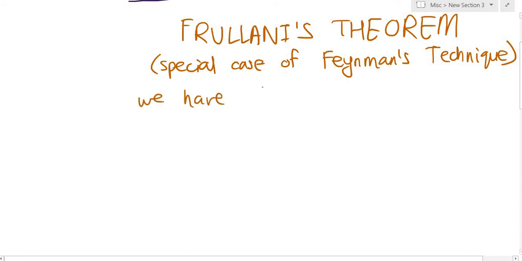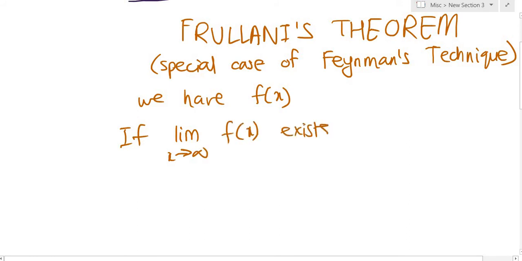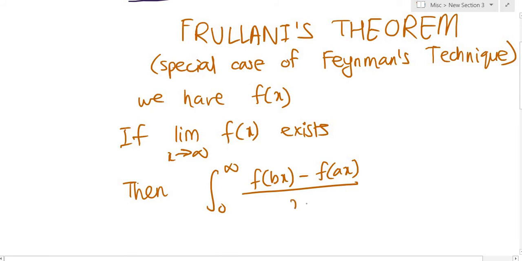If the limit as x goes to infinity of f of x exists, so it should basically not diverge, then the integral from 0 to infinity of f of b x minus f of a x, all over x, is nothing but f of infinity minus f of 0, times the natural log of b over a.